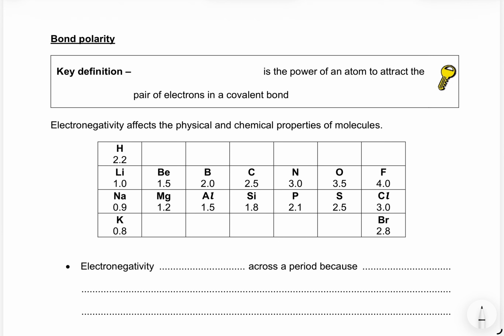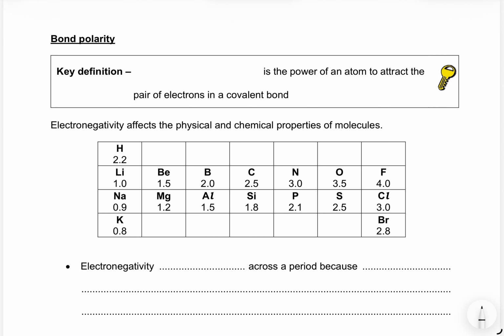This can then lead to attractions between molecules and attractions to other molecules that are in a solution. For example, a molecule could attract water, or it could attract some ions. Whether a molecule is polar or not comes down to whether it contains polar bonds, that is, bonds where the electrons are not shared evenly between the two atoms, so one atom has a greater pull on the shared pair of electrons than the other.